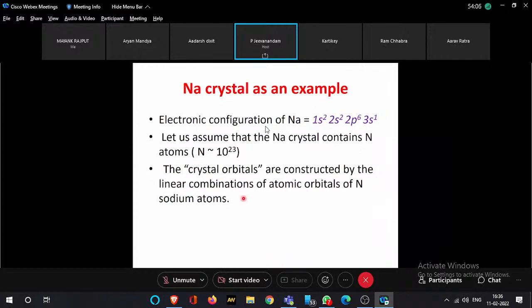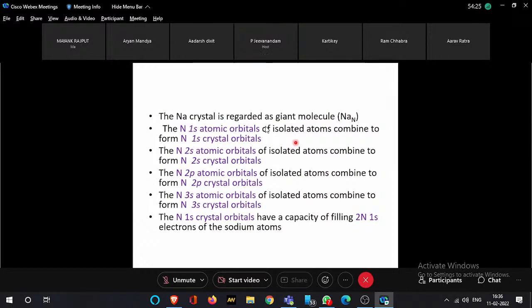So if you take sodium as the example, it has 11 electrons, so your valence shell is 3s1. If you are taking Avogadro number of sodium atoms to form a sodium crystal, then the atomic orbitals combine to make crystal orbitals.